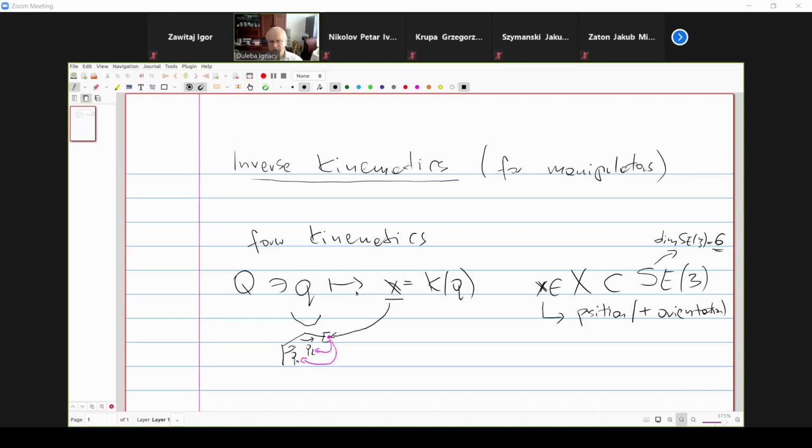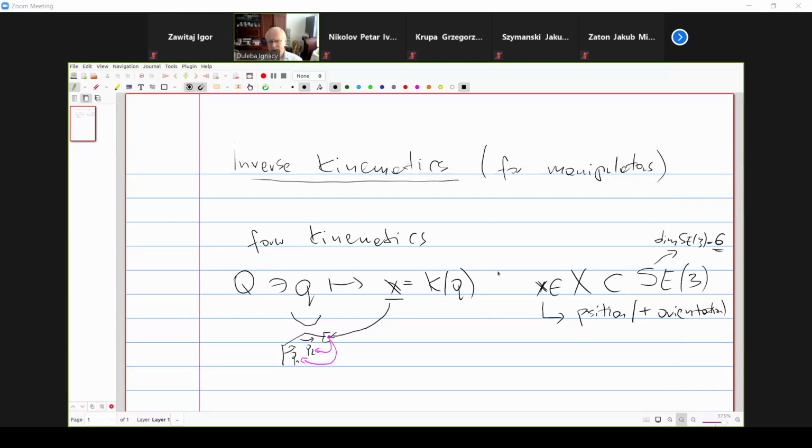A lot of terms, a lot of complicated expressions. So the inverse kinematics is much more complicated.